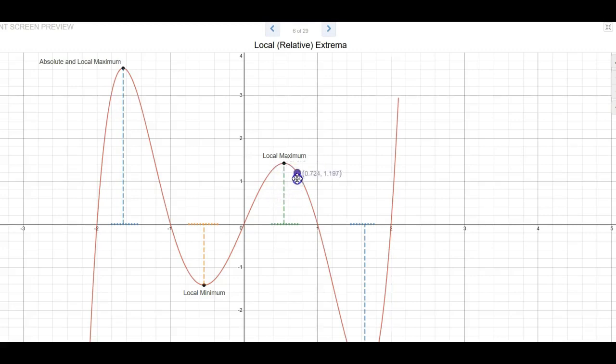And to the right of it the function's defined there and all the y values are less than it. So this piece of graph is over this little interval on the x-axis, and that's called the neighborhood of this local maximum point. So there are values for the function to both the left and right of a local max or min. That's what makes it a local max or a local min.